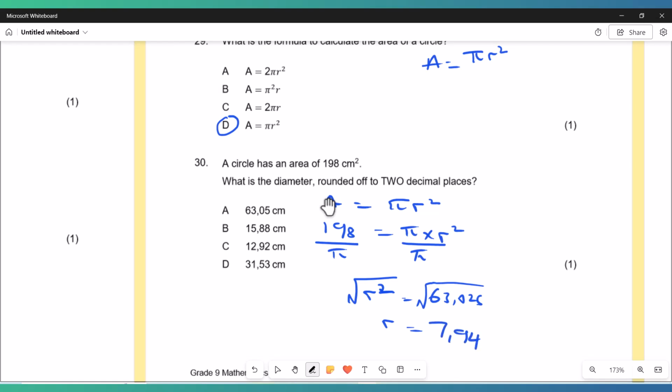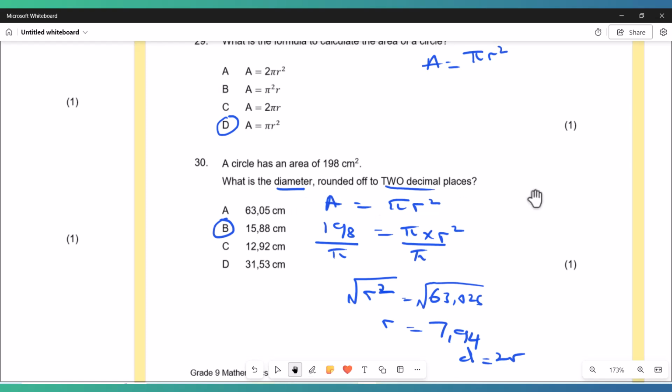And then multiplied by 2 to get my diameter, because diameter is twice the radius, which gives me 15.87. So the answer is B here, because they talked about diameter, which is twice the radius, and I want 2 decimal places.